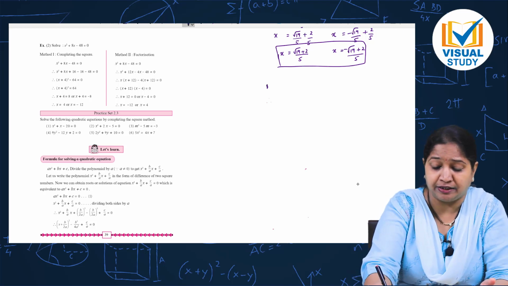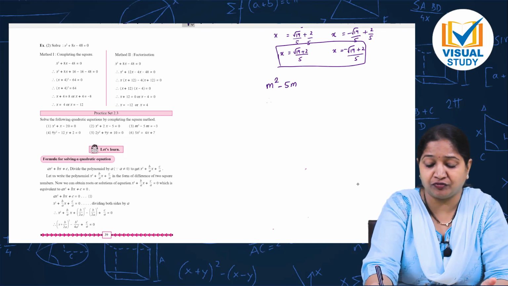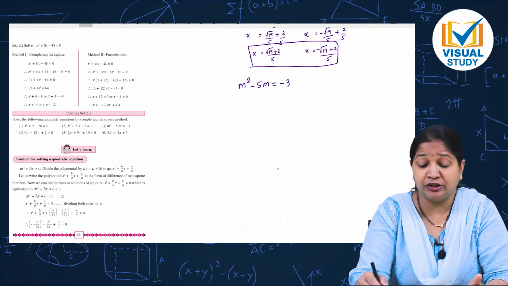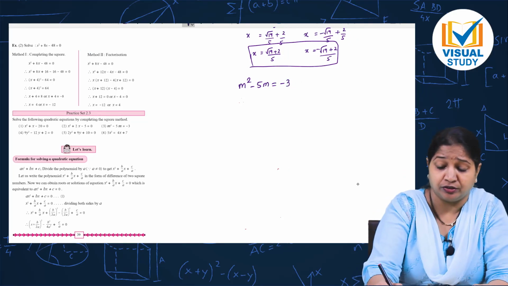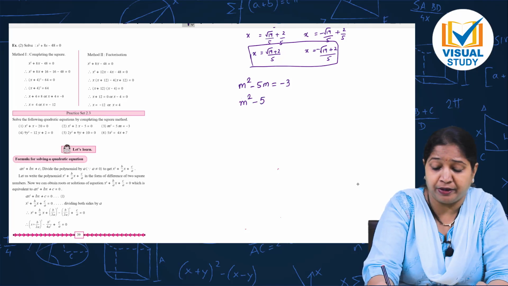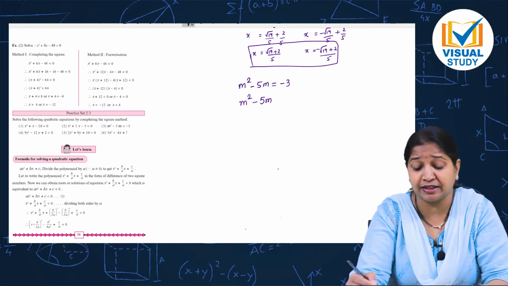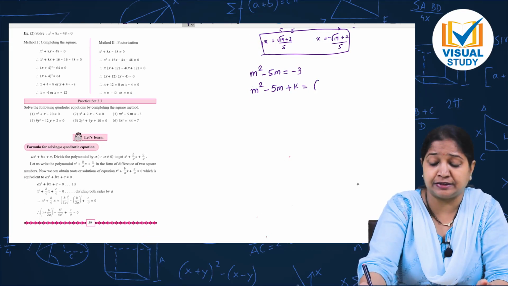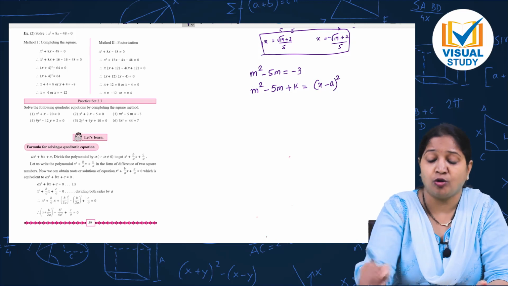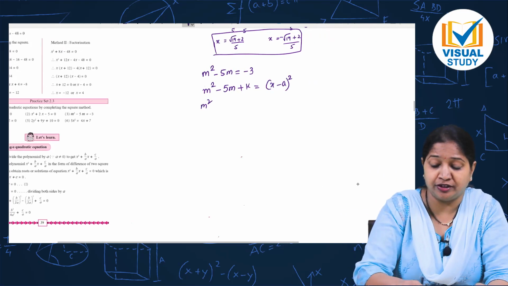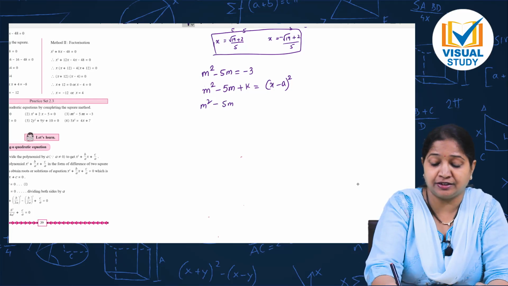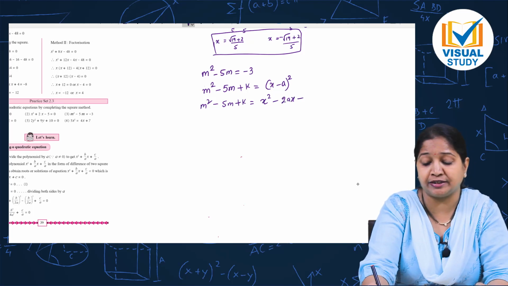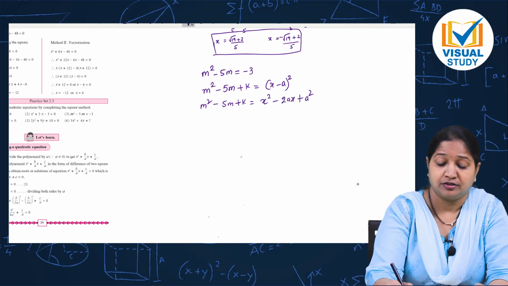We'll take one more sum, that is m square minus 5m equal to minus 3. We'll do by complete square method, okay? Now, comparing this with x minus a whole square equal to x square minus 2ax plus a square.